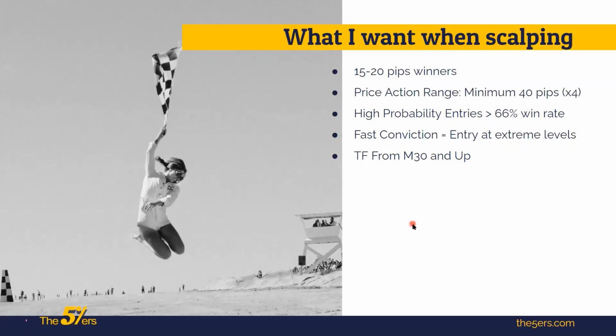I'm going to be looking for a price range that is 4 times greater than what I'm willing to take. So I would expect to see a pole with a range of about 40 pips before I expect to take 15. That makes sense.